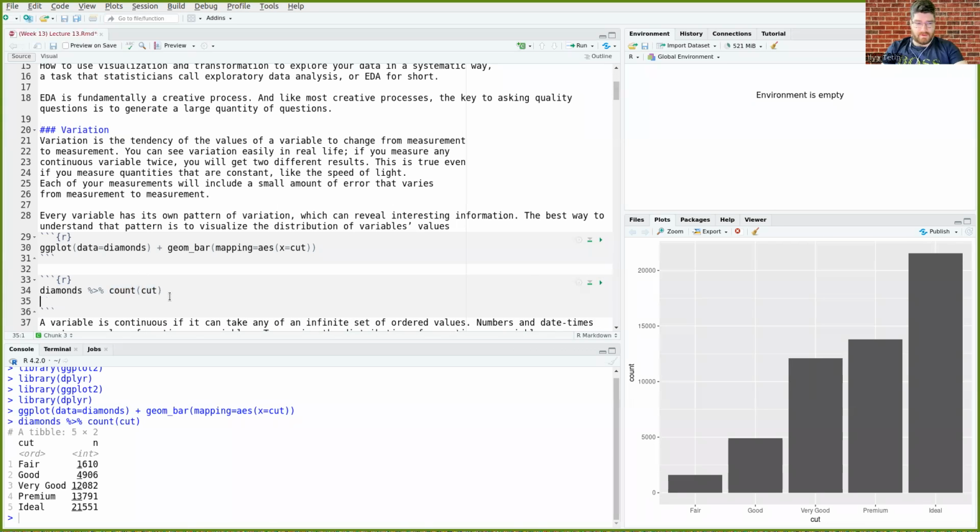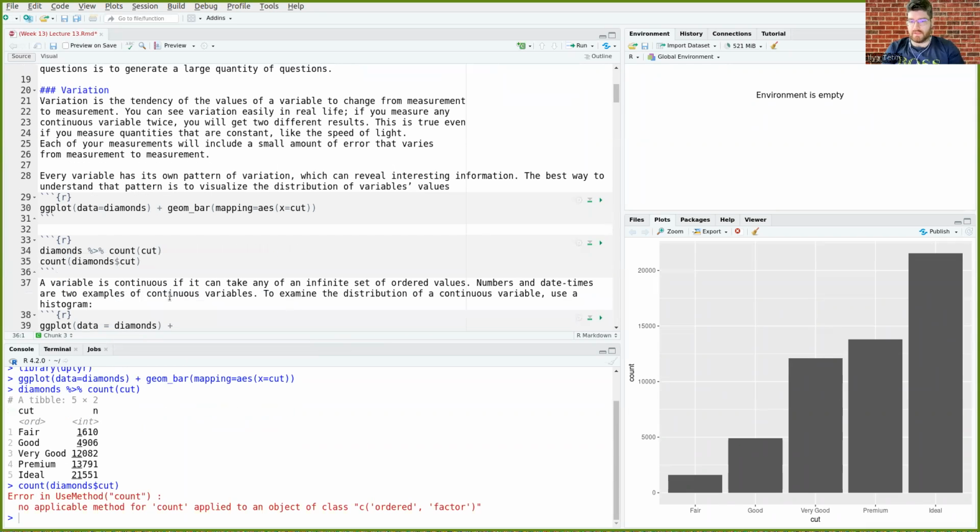So let me make the same thing: diamonds, count, cut. It will produce the same thing.